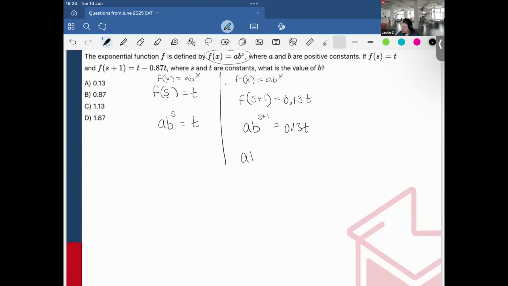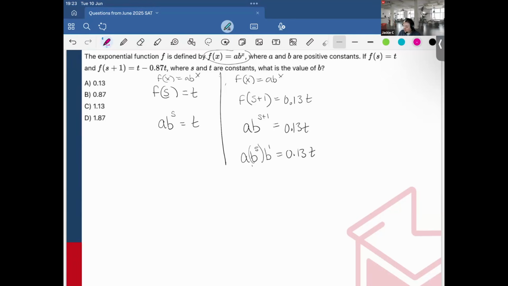So another way I could write this is a b to the s power, this is an s, not a 5, times b to the first power. Why is that? Because this would be b to the s plus 1, which is exactly what I had up here before. Isn't that amazing? And that's equal to 0.13t.